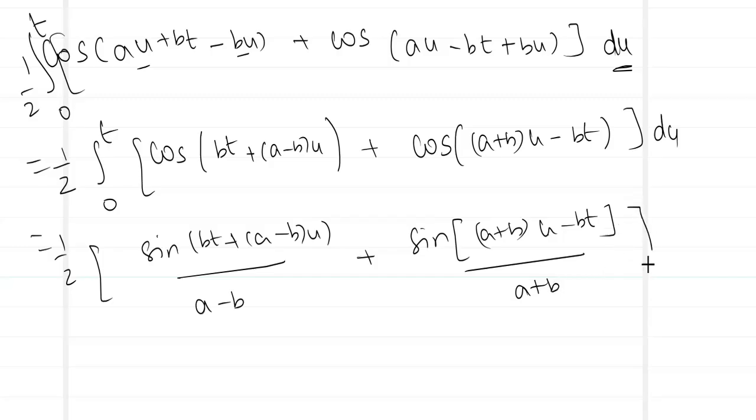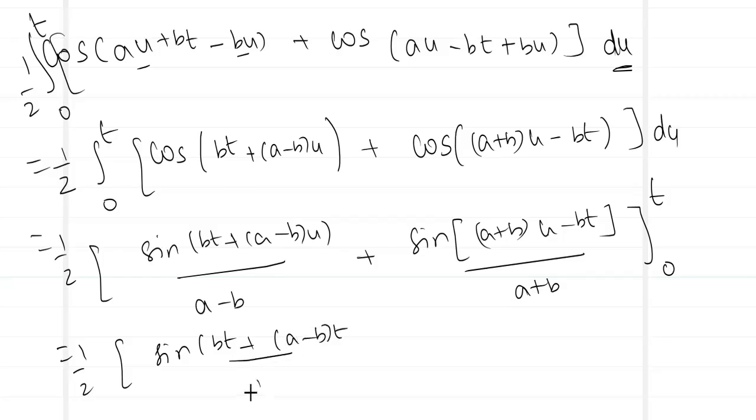Now apply the limit from 0 to t. So we have sin of bt plus a minus b times t, upper limit, divided by a minus b, plus sin of a plus b times t minus bt divided by a plus b.